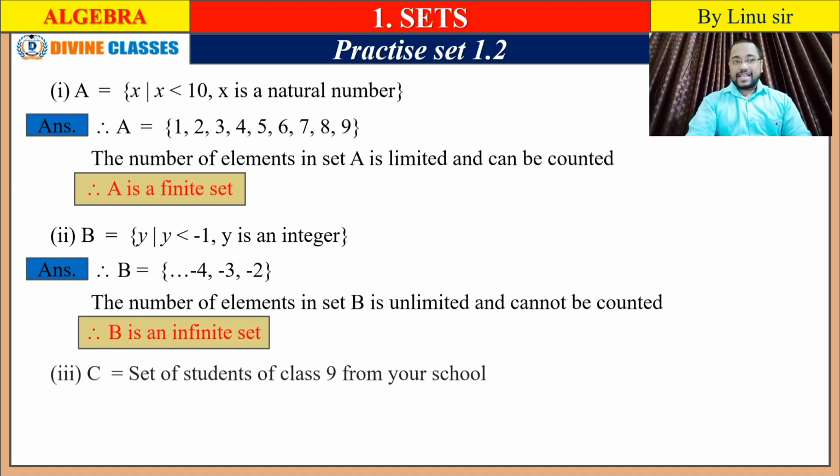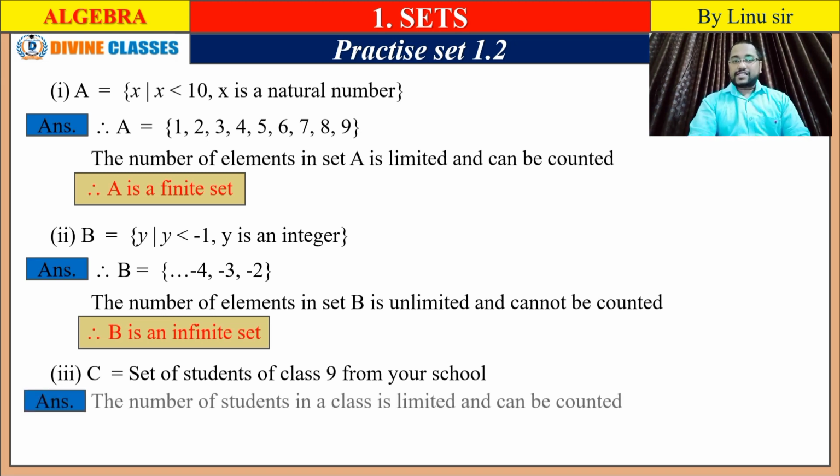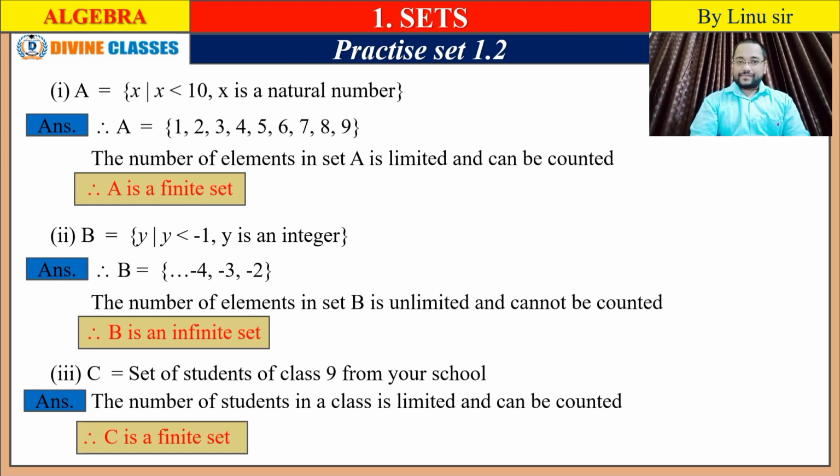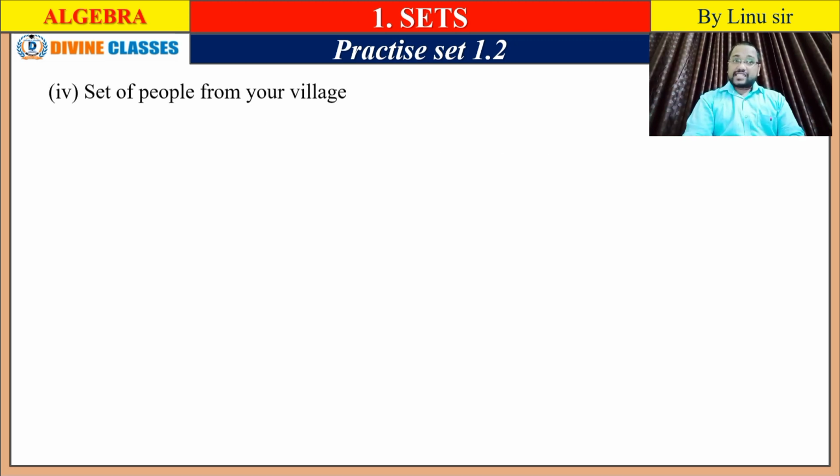Question number 3: C is equal to the set of students of class 9 from your school, right? You know that the students in your class can be counted, yes or no? So the number of students in a class is limited and can be counted. Therefore C is a finite set. Question number 4: set of people from your village.